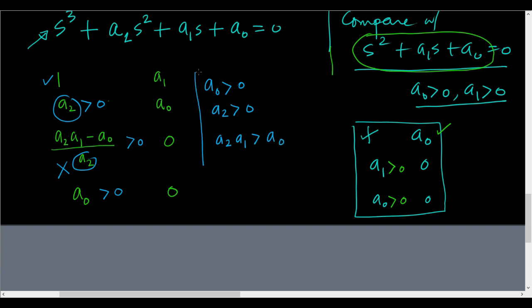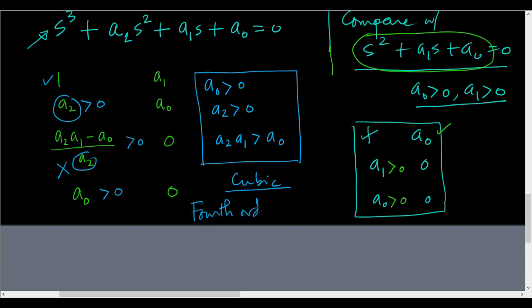These are the conditions for a cubic. You can similarly do a fourth order polynomial, and if you look on the Wikipedia page, that one is worked out, so you can see how it works.